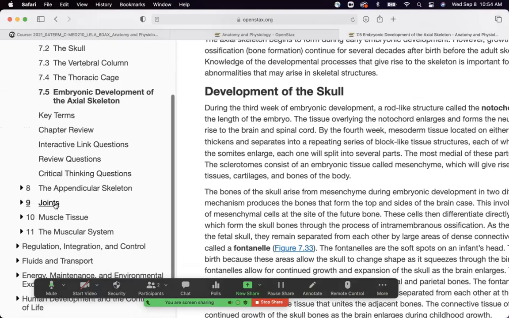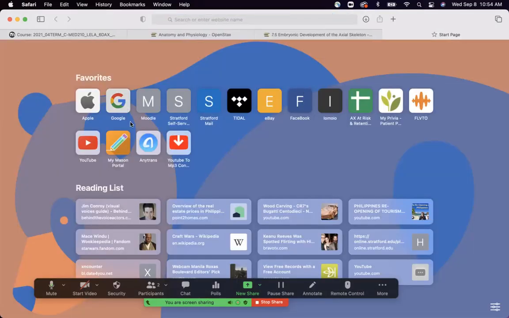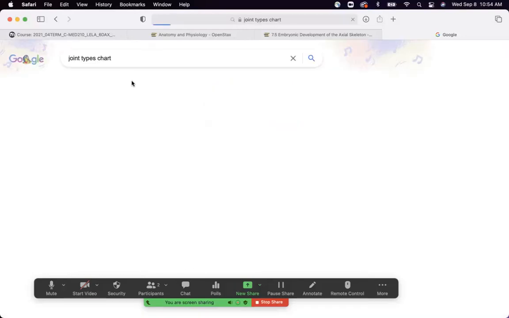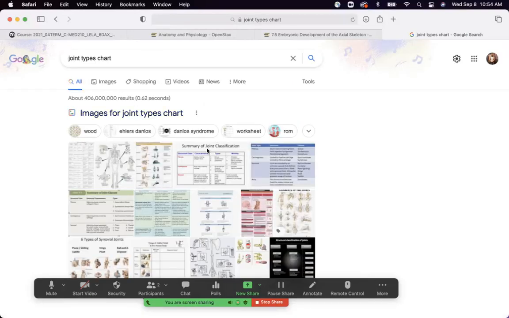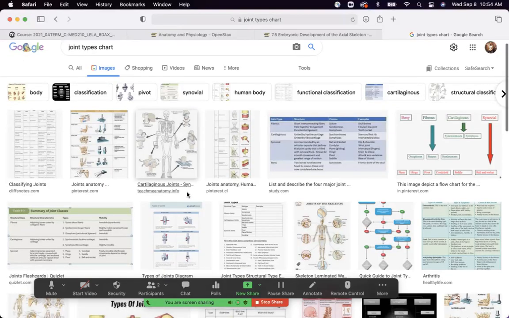Appendicular skeleton system. Let's go over now. You can look at this chapter, joints. Appendicular skeleton we kind of went over already, but you know what? I don't like this. I like this better. What are the 3 types of joints?